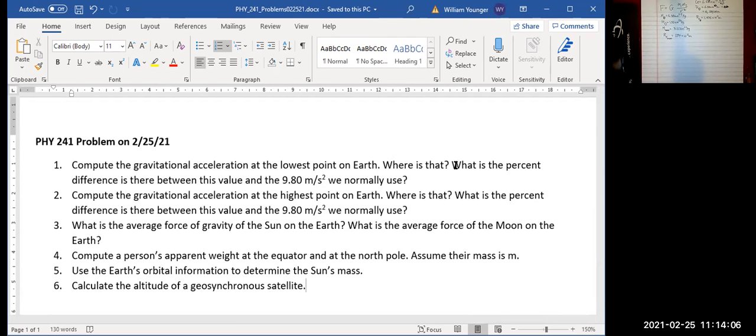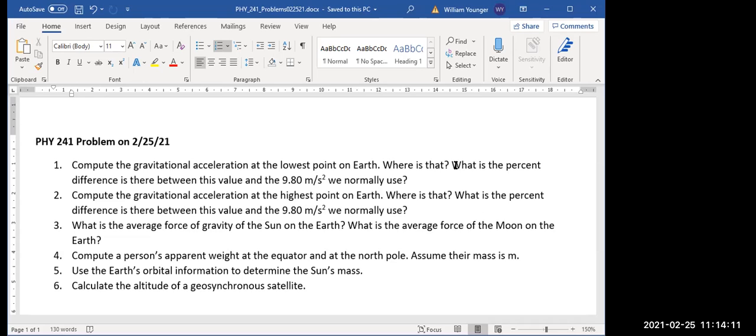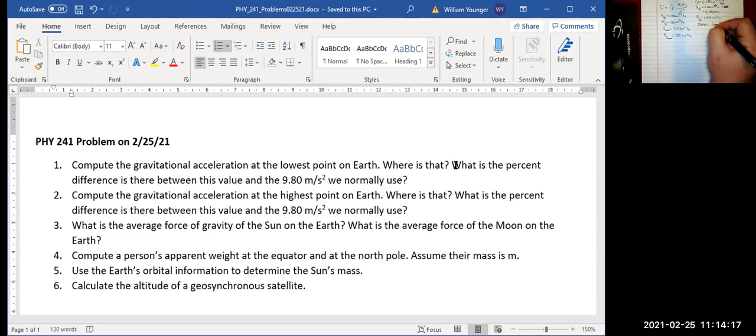It's 36,200 feet deep, but we don't want that in feet. I've already converted that to 11,034 meters.